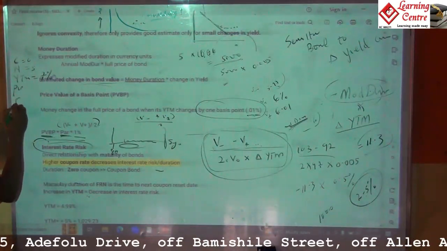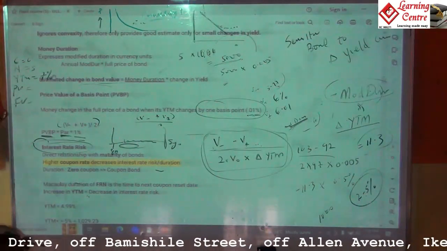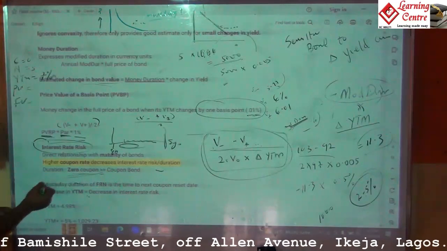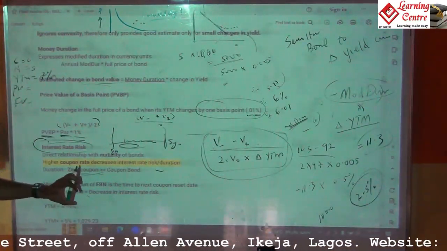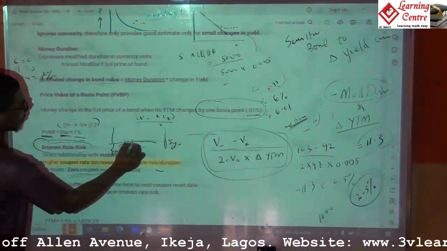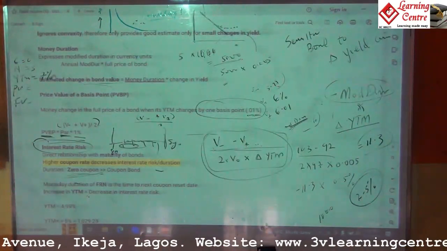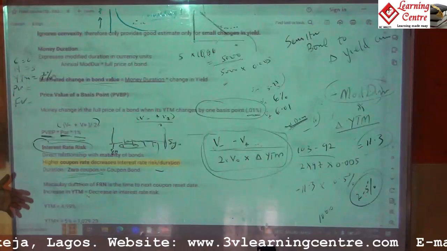Price and future value. So if I'm computing for a zero coupon bond, it is more sensitive to interest rate movement. Why? Because there are no cash flows between this point and this point. If there are some cash flows, at least I can go and reinvest those cash flows at a higher rate and cut my loss.